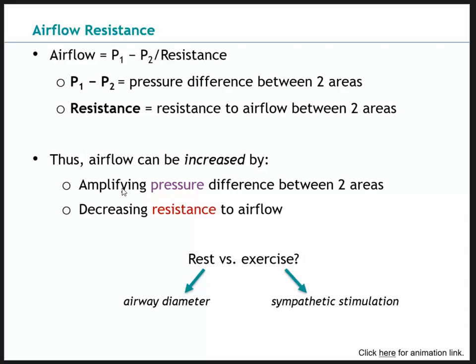And then during exercise, what's the main determinant of airflow? It's sympathetic stimulation. This is talking about hormones, epinephrine and norepinephrine, so our adrenal hormones, or adrenaline basically. This causes bronchodilation. Dilation would expand the airway, so this decreases resistance to the flow, allowing optimal air to be ventilated.